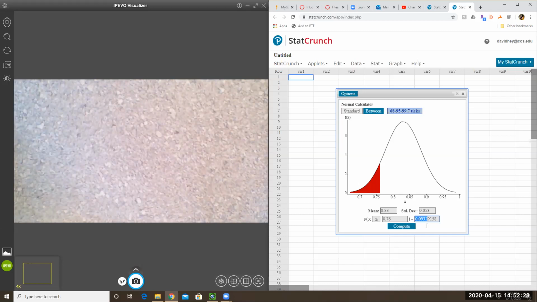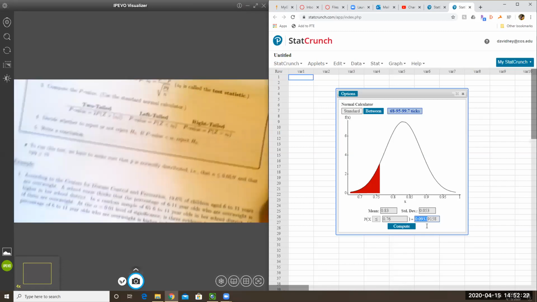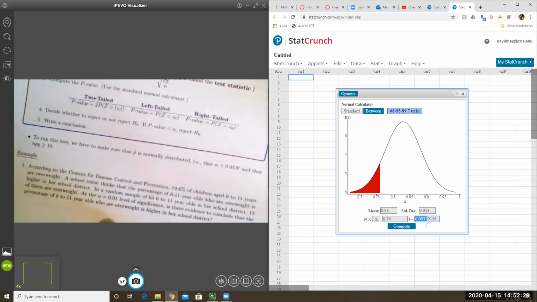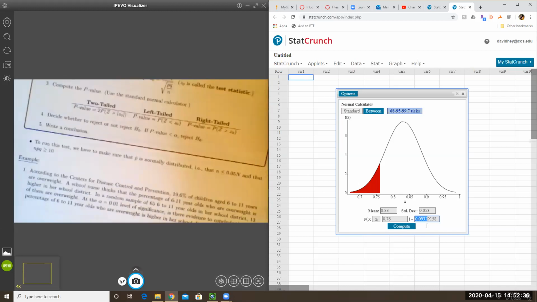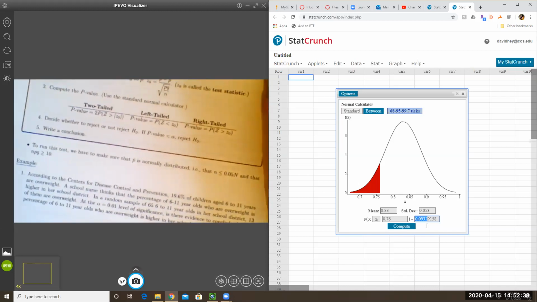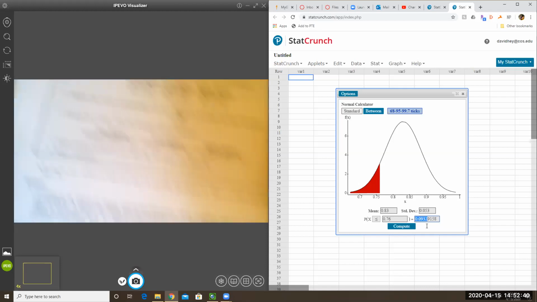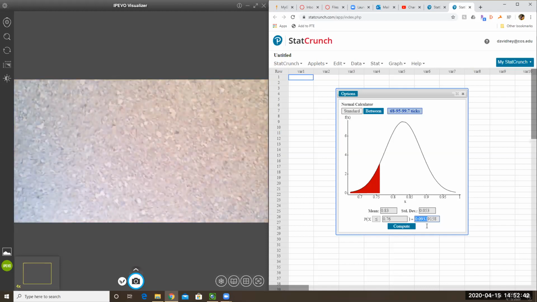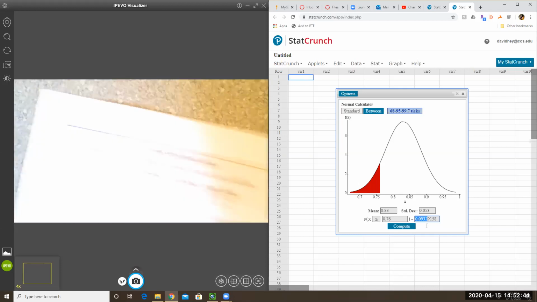I have an example here where I was going to do one by hand, but I think I'm just going to skip it. Actually, I'll work out the problem, but I'm going to work it out using StatCrunch. So we'll just let StatCrunch do these things for us.